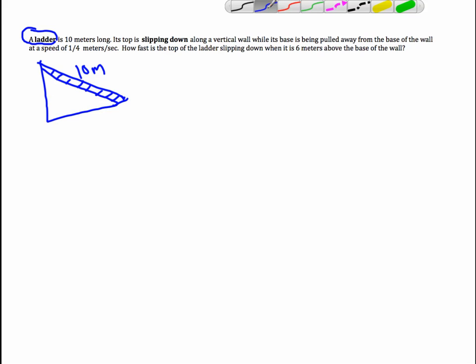Now they're telling you, let's break this down, that it is basically sliding down along the vertical wall. So this is the wall right here. It's dropping down while the base is being pulled away. So this is the base, I'm going to pull it away at a speed.